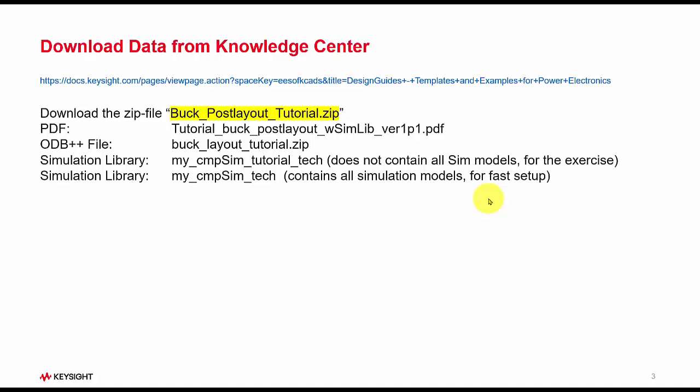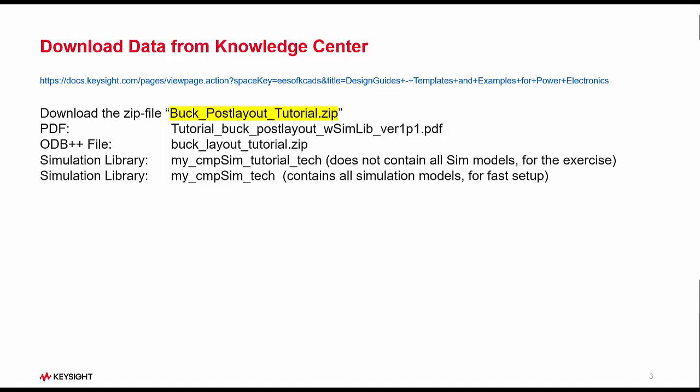In ADS, you can build up a simulation library which includes your components and also the technology. During the import, you can assign the simulation library, and therefore, after the import, you have already all simulation models assigned, and you can just start with your analysis.